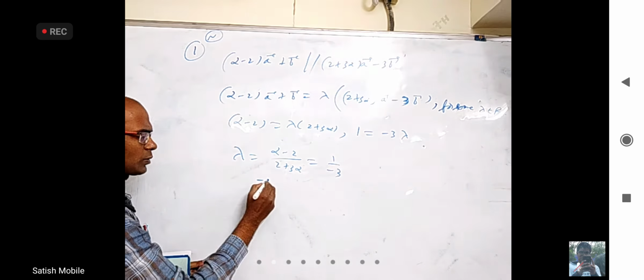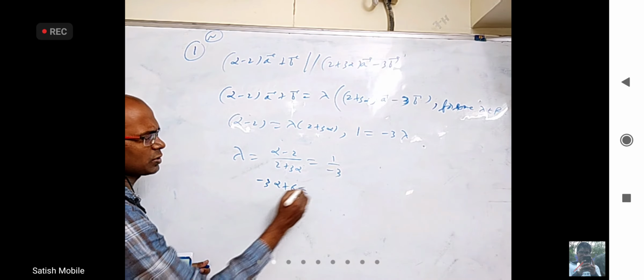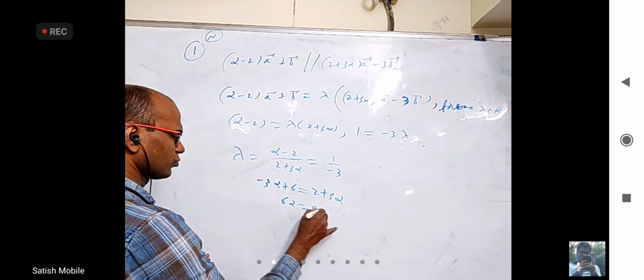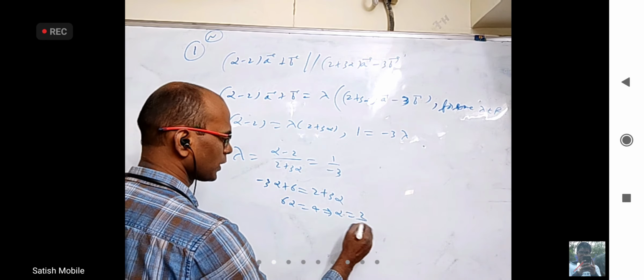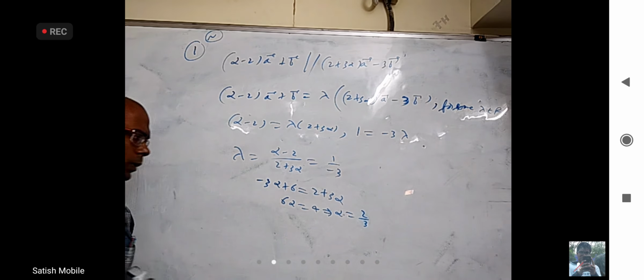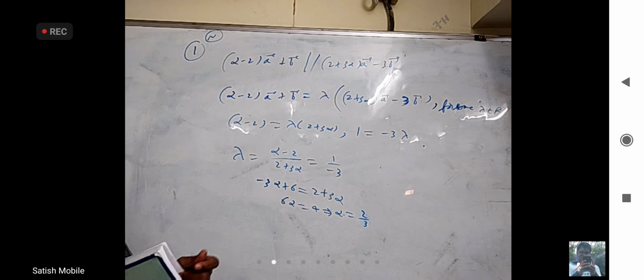So now we do cross multiplication: minus 3 alpha plus 6 equal to 2 plus 3 alpha. So 6 alpha equal to 4, alpha is equal to 2 by 3. So it is 0.6 bar, so rounding off to 2 decimals is 0.67.